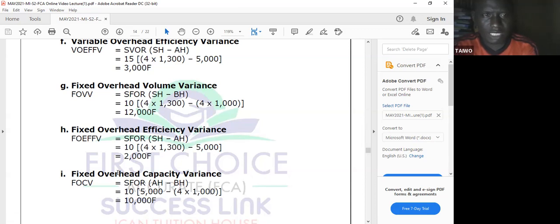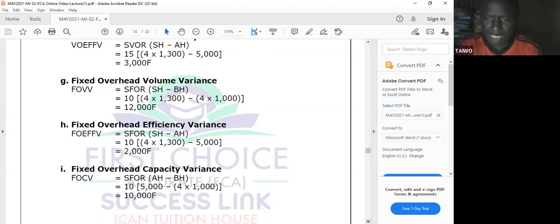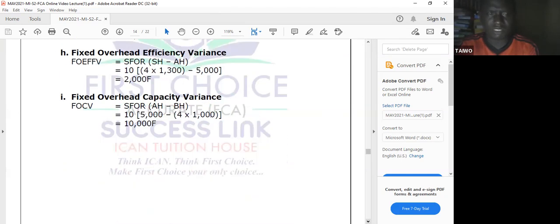Now the next one, which is the last one under the volume, is fixed overhead capacity variance. We are looking at the capacity of the organization, the impact of it on the production or the volume. So if you are looking for fixed overhead capacity variance, it's computed by saying standard fixed overhead rate into actual hour minus budgeted hour.